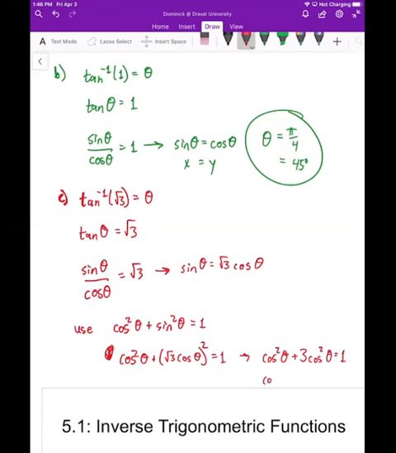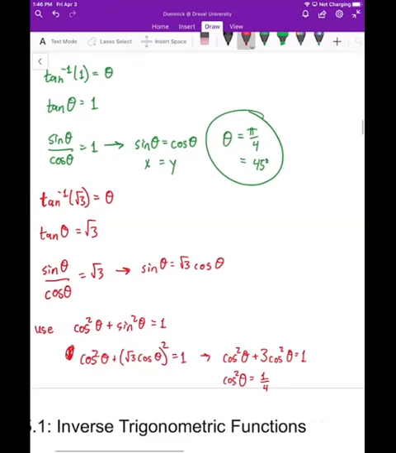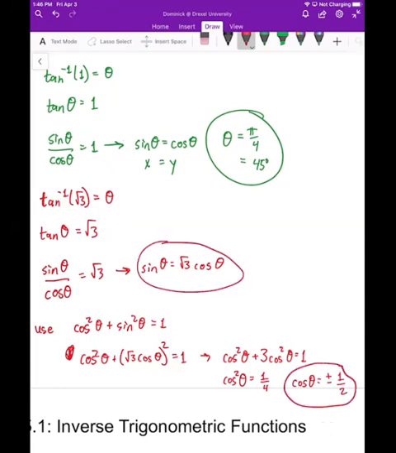When I combine, I'll get cosine squared is equal to 1 over 4. So cosine is equal to plus or minus 1/2. And if my cosine is plus or minus 1/2, then we can use this relationship to say that sine would have to be plus or minus square root of 3 over 2.